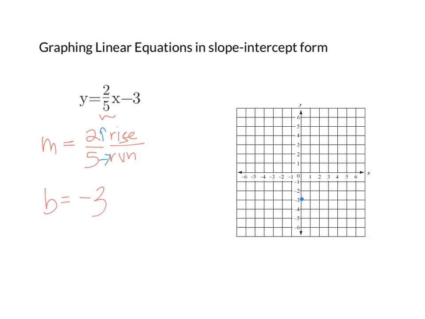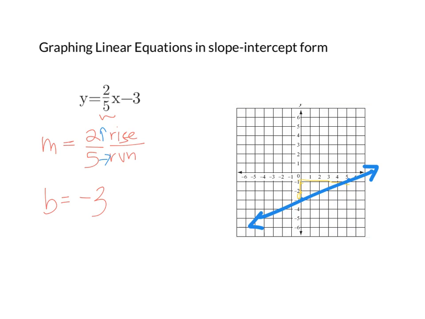I'm going to go up 2, 1, 2, and then 5 to the right: 1, 2, 3, 4, 5. Then we have a second point right there. From there, just connect your two points, and then you have your line.